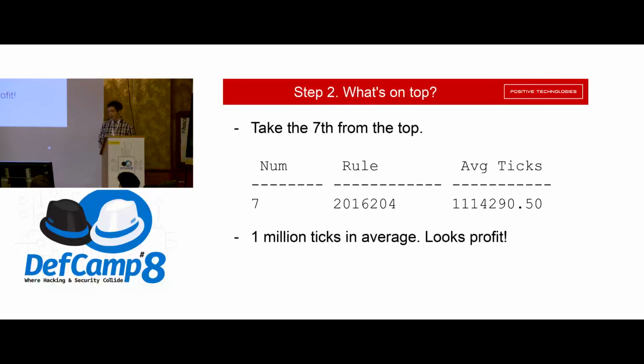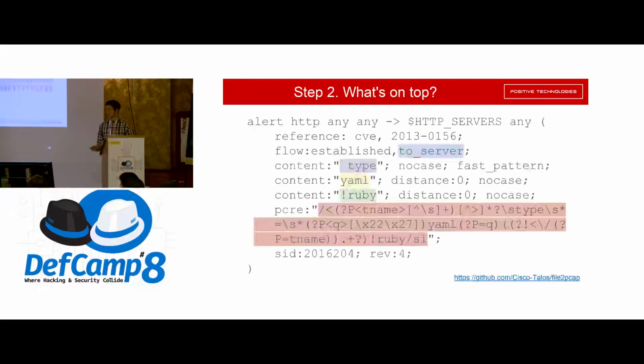As we already have such a log file, we take 7 signatures from the top, for example, and there are 6 more signatures on the top, which are potentially more powerful in our experience. But I took this one only for convenience. I will explain it on the next slides. So what is a signature?